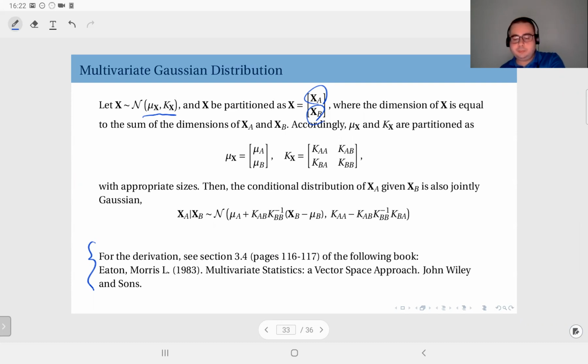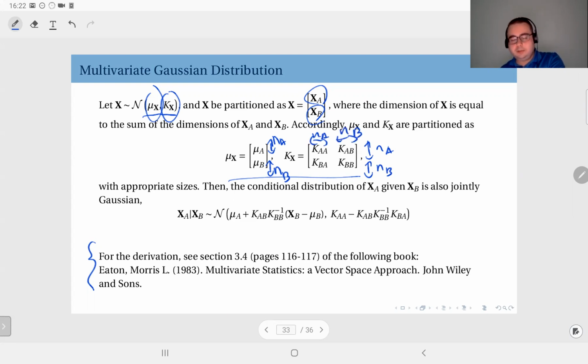The mean vector and the covariance matrix are partitioned accordingly, with sizes given by the dimension of A and the dimension of B.